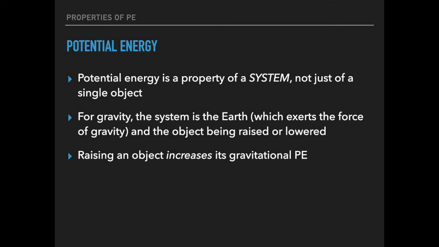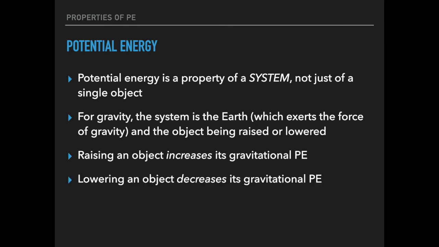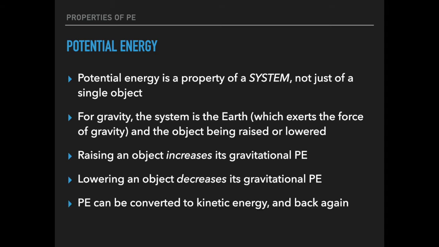So the way that we defined it, raising an object increases its gravitational potential energy, and lowering an object will decrease its gravitational potential energy. And potential energy can be converted to kinetic energy and back again. And so this gets us into the idea of the conservation of energy, where energy can be transferred between different forms of potential energy and kinetic energy.